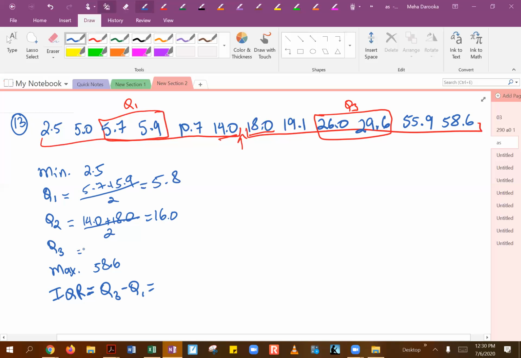Quartile 3, of course, you are again taking the average between 26.0 plus 29.6, dividing that by 2. Let's see, Jesus, you had 28.7, so let's see. So you had 28.7. Jesus, I'm coming up with 27.8.